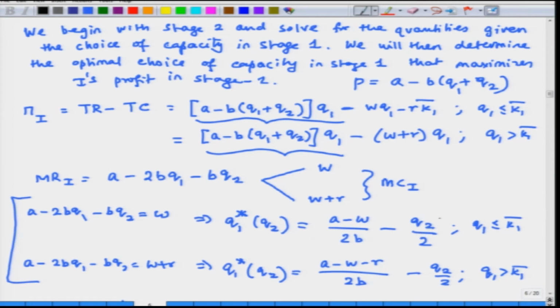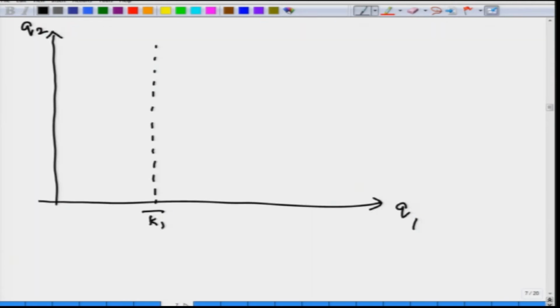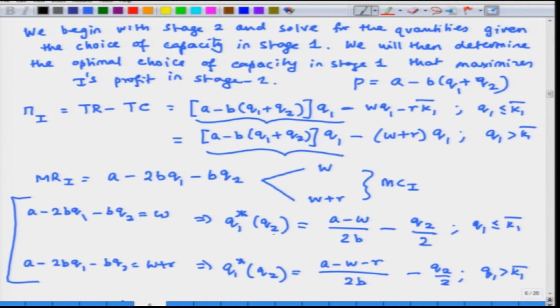So, when Q2 is 0, when the entrant does not produce anything, the incumbent is producing the monopoly output A minus W divided by 2B.